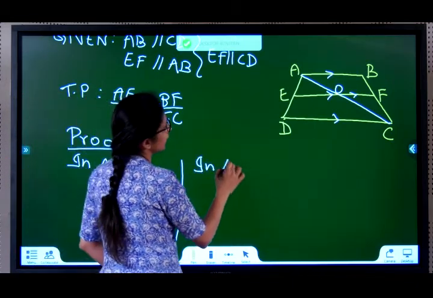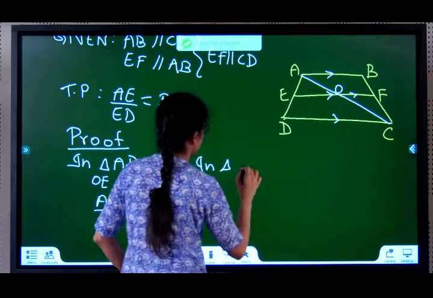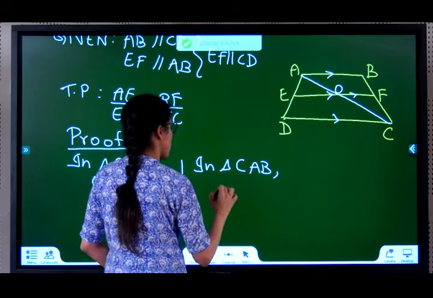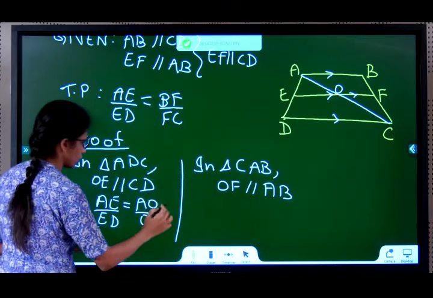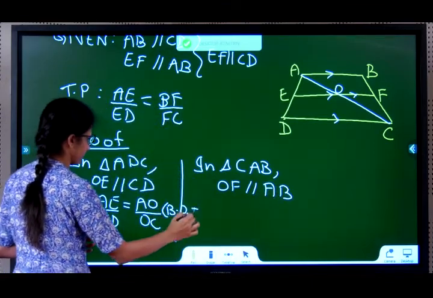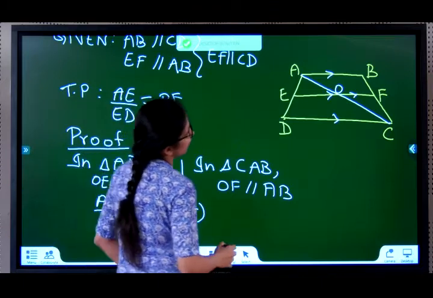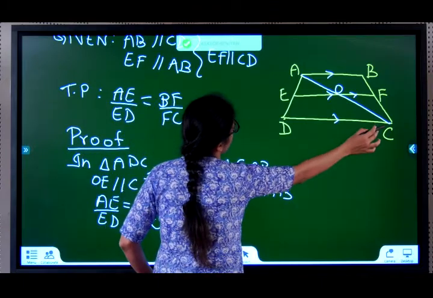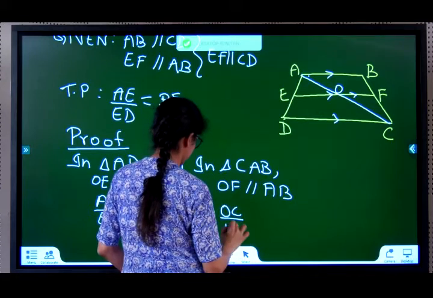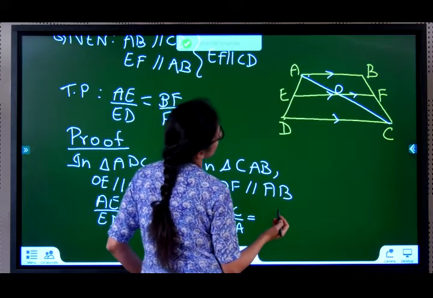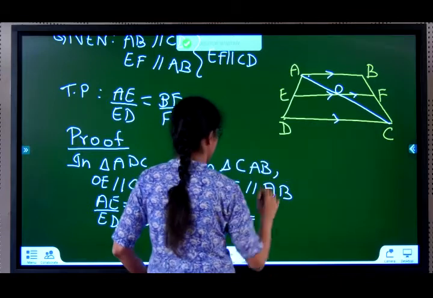Next triangle, in triangle CAB, OF is parallel to AB. I have not written why. You should write down here BPT. OF is parallel to AB. So I can say OC by OA is equal to CF by BF.